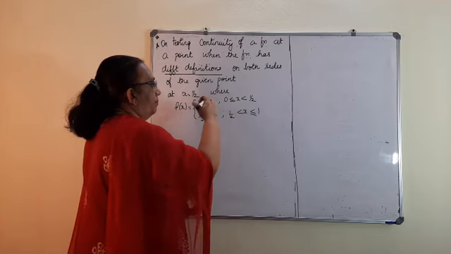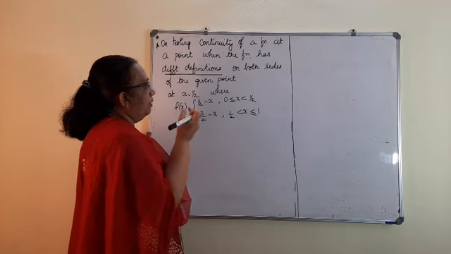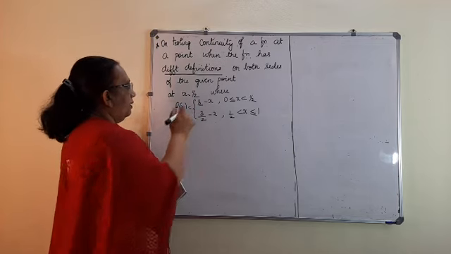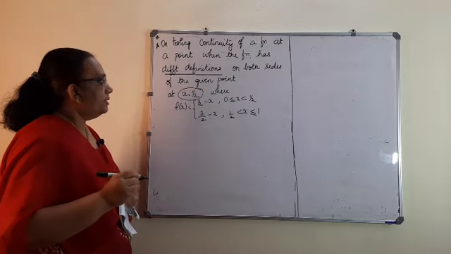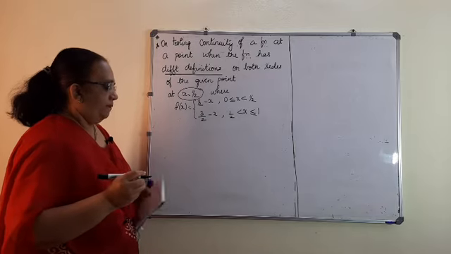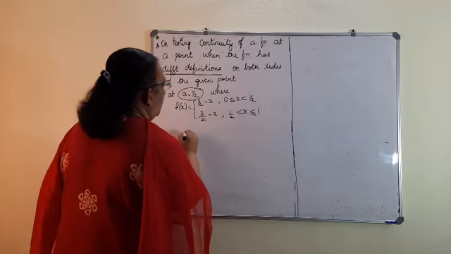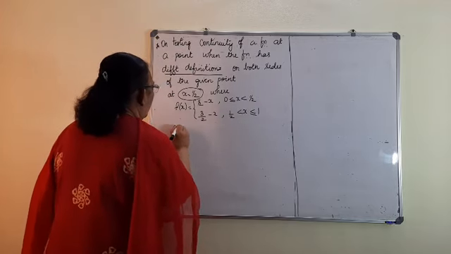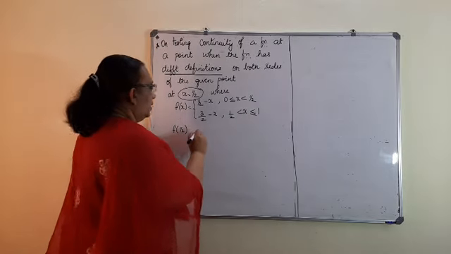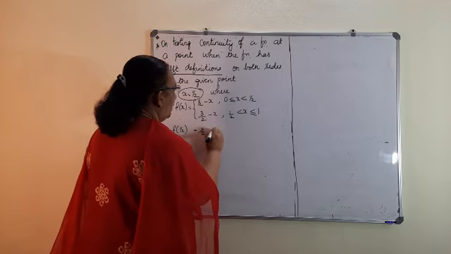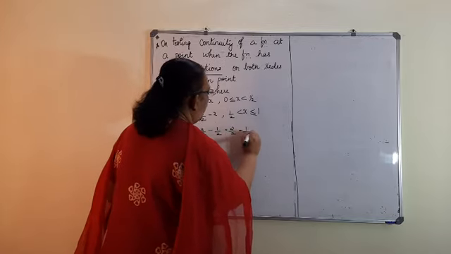We have to discuss the continuity at the point x is equal to 1 by 2. Take down. At 1 by 2, f of 1 by 2 is equal to 3 by 2 minus 1 by 2, which is equal to 2 by 2, which is equal to 1.